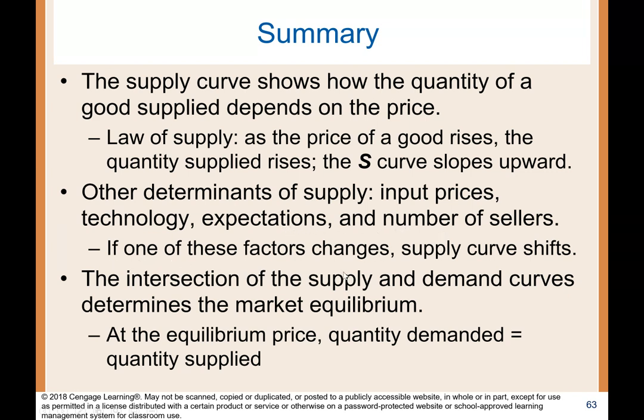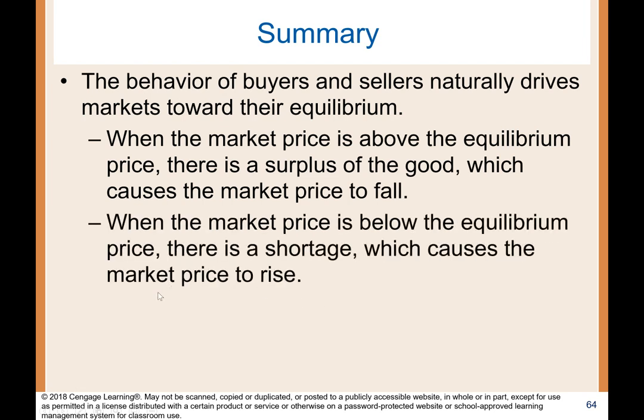If one of these factors changes, the supply curve shifts. The intersection of supply and demand curves determines the market equilibrium. At the equilibrium price, quantity demanded is equal to quantity supplied. The behavior of buyers and sellers naturally drives the market towards equilibrium.